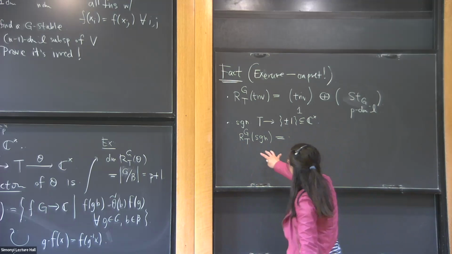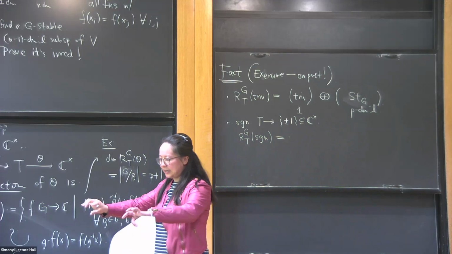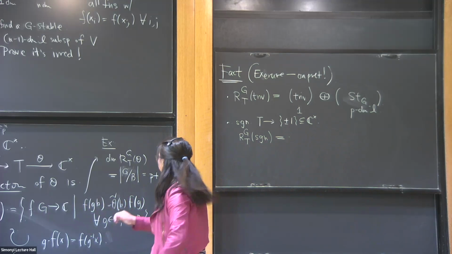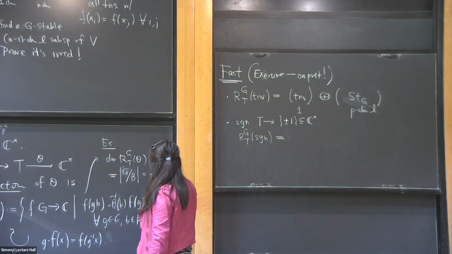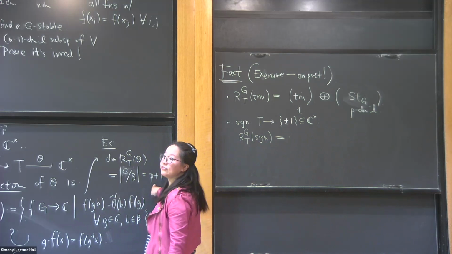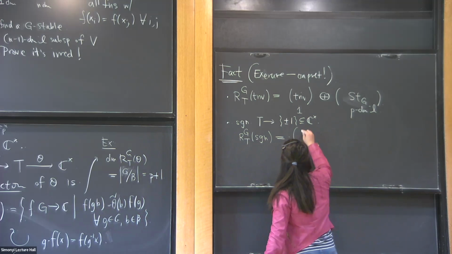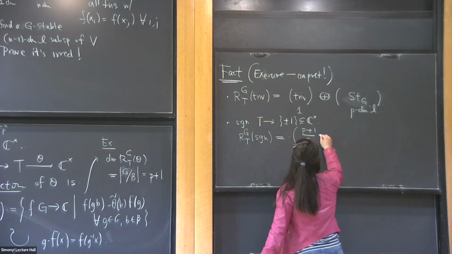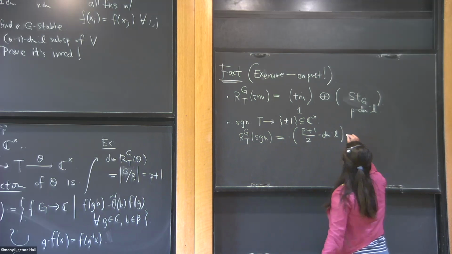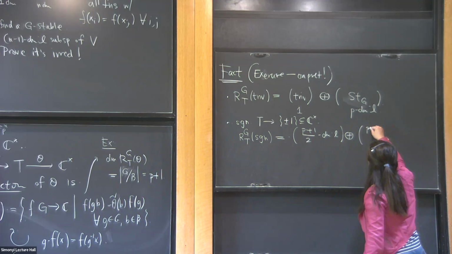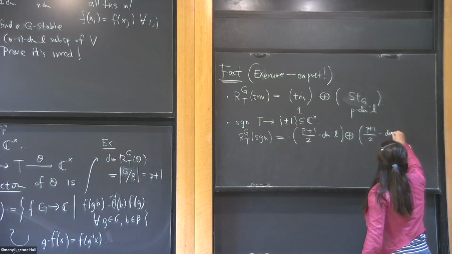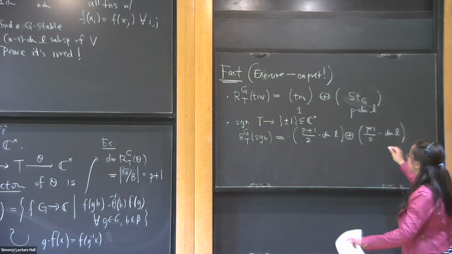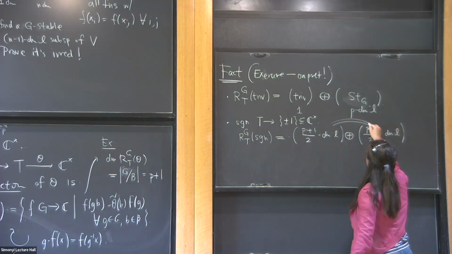This one breaks up into two different pieces that have the same dimension. So they're each going to have dimension P plus one divided by two. So this is a P plus one divided by two dimensional thing, plus another P plus one divided by two dimensional thing. And they're not the same.